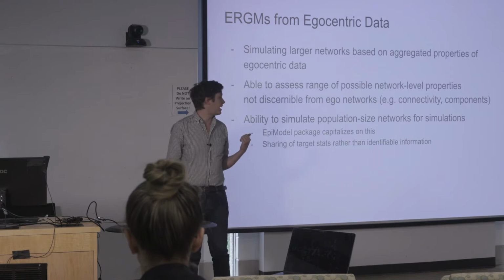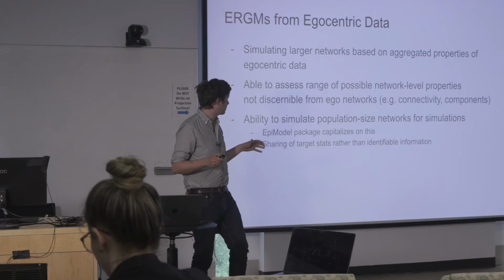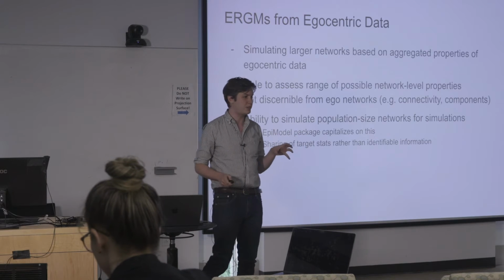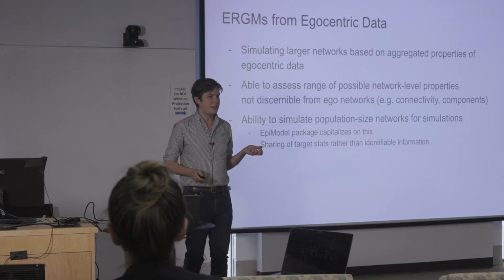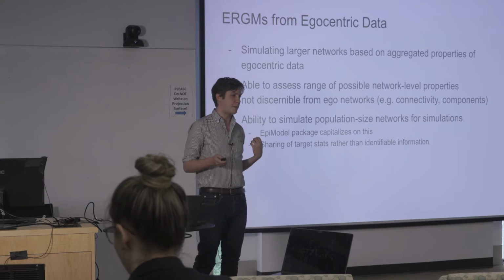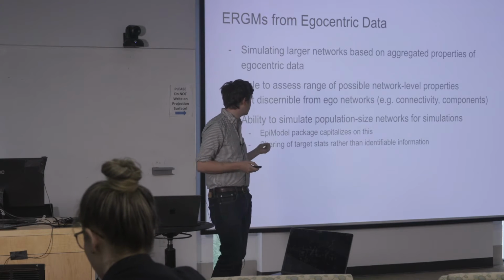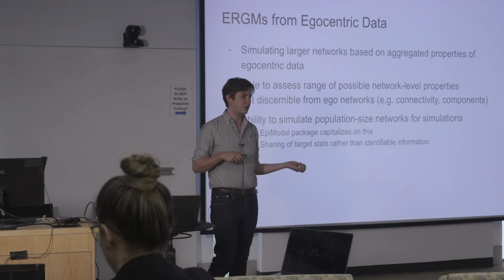I also think that this ability to create simulated networks from just aggregated information from egocentric data is pretty conducive to collaboration. Suppose you're interested in a population, you want to simulate, say, disease transmission, and you have theories you want to test, but you can't go out and collect your own data.